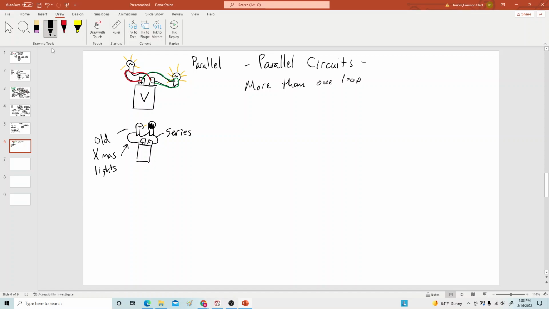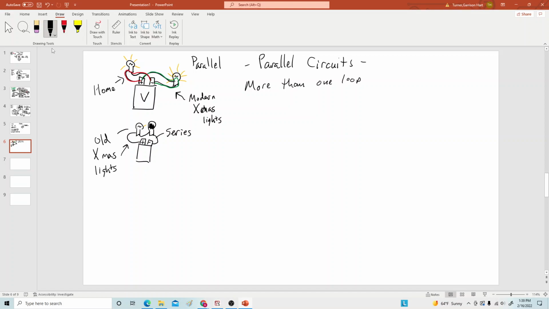But modern strands are built on this principle, so you can easily identify the ones that are burnt out and they don't affect the rest of the strand. So modern Xmas strands are built like this. Also, your home is built more on the parallel case in terms of your appliances.